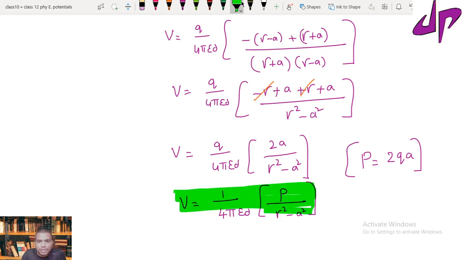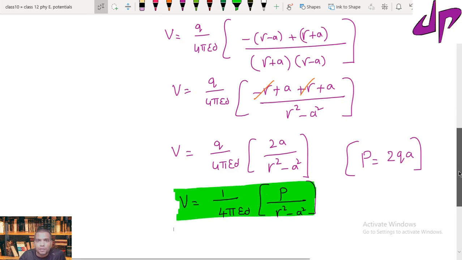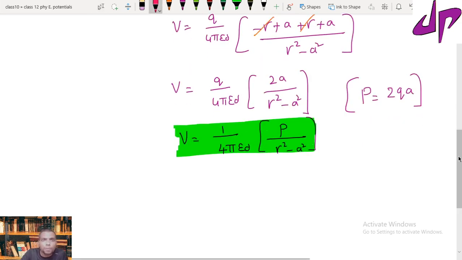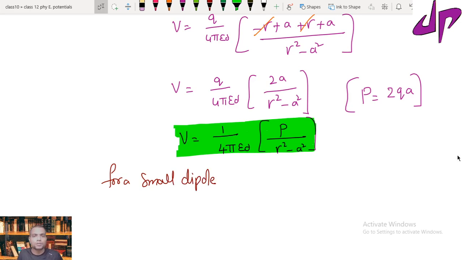Now let me take a special case. Suppose we consider a small dipole, which means the dipole length is very short compared to the point where we need to find the potential.